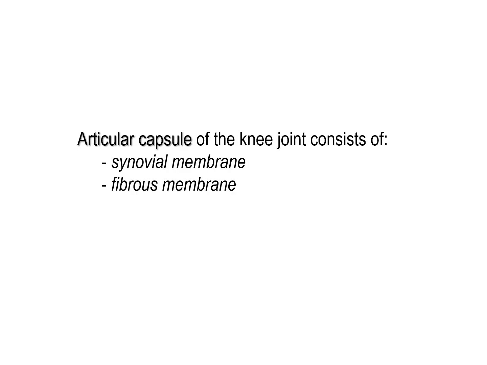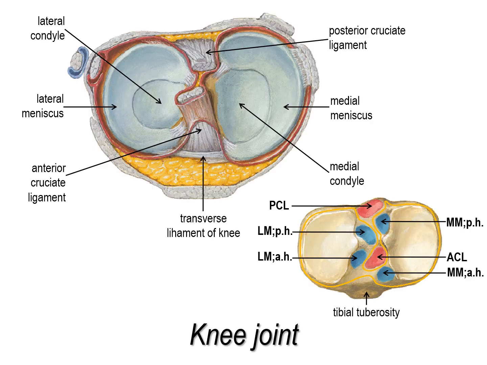The knee joint is the biggest joint in the body. Anterior and posterior ends or horns of the lateral and medial meniscus are attached to the intercondylar area of the tibia.